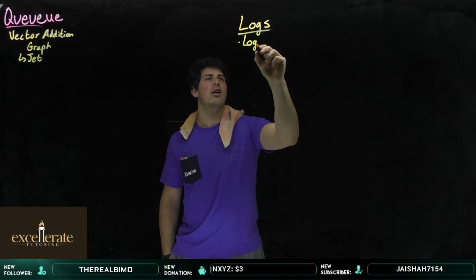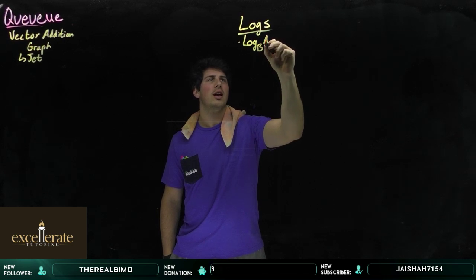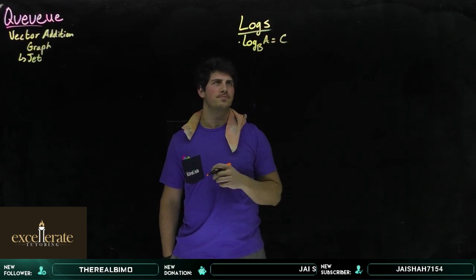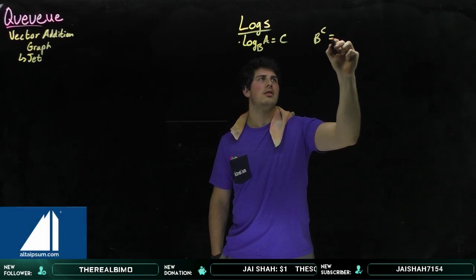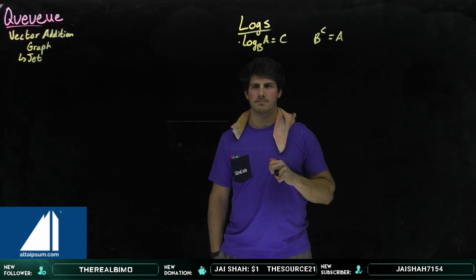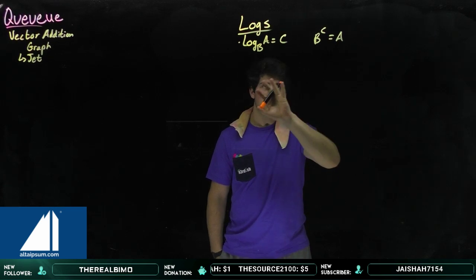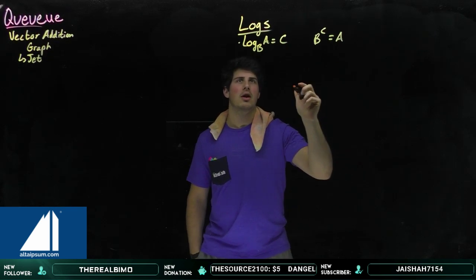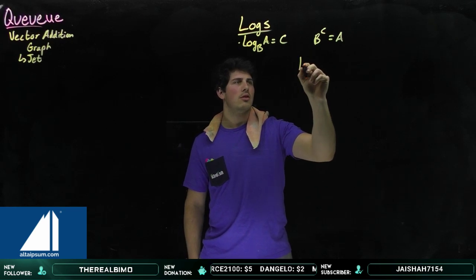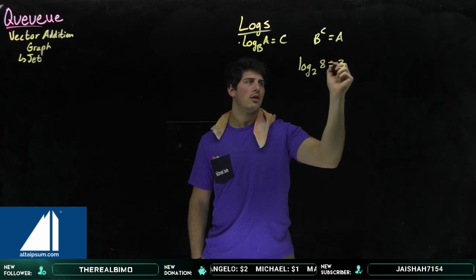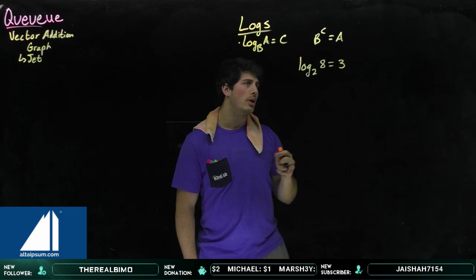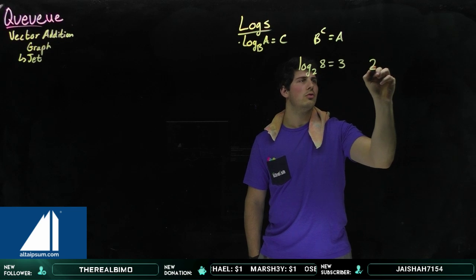Log. If you have log base b of a equals c, that means b to the c equals a. To make it a little bit simpler, or maybe more familiar, let's say the log base 2 of 8 is going to be 3, because we know that 2 to the third equals 8.